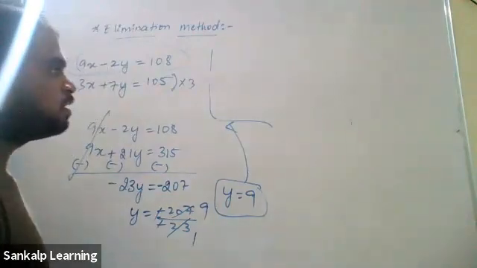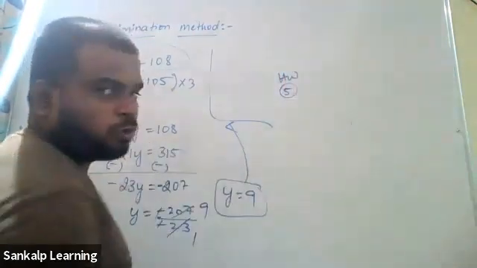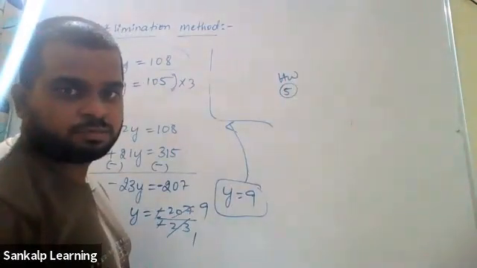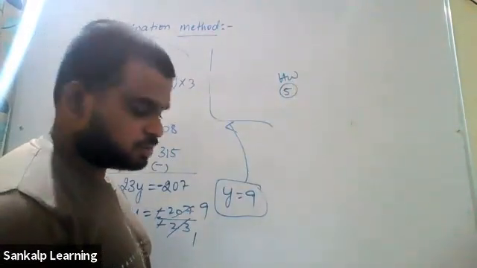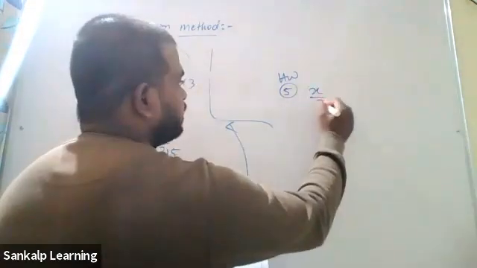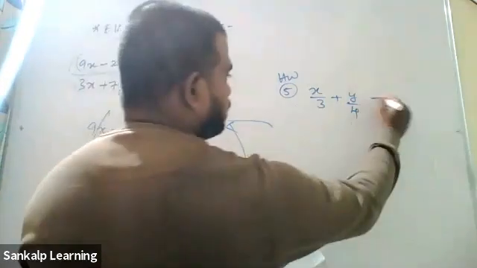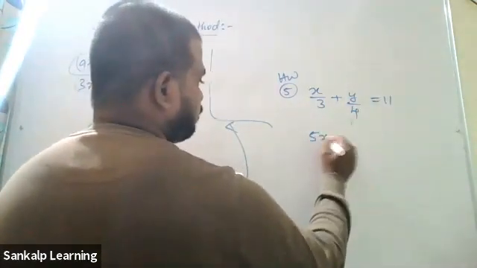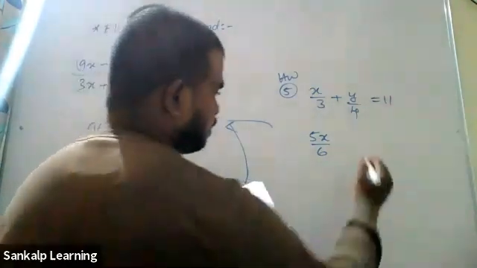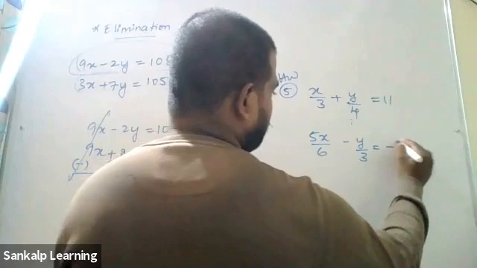Let me give you a question. In homework, I guess it will be the 5th question. In homework, it will be the 5th problem. So in homework we are maintaining separate numbers. So it's the 5th problem, I guess. x by 3 plus y by 4 equals 11. 5x by 6 minus y by 3 equals minus 7.